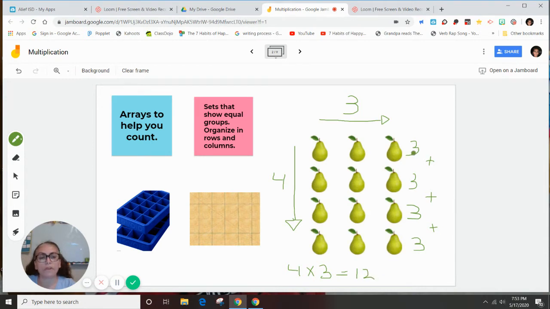Right? And I can count 3 plus 3 is 6, plus 3 is 9, plus 3 is 12. Okay, that's the way we count in arrays. If it's easier for you to organize them in arrays so that you can count them better, that's a good strategy. Okay, let's continue.